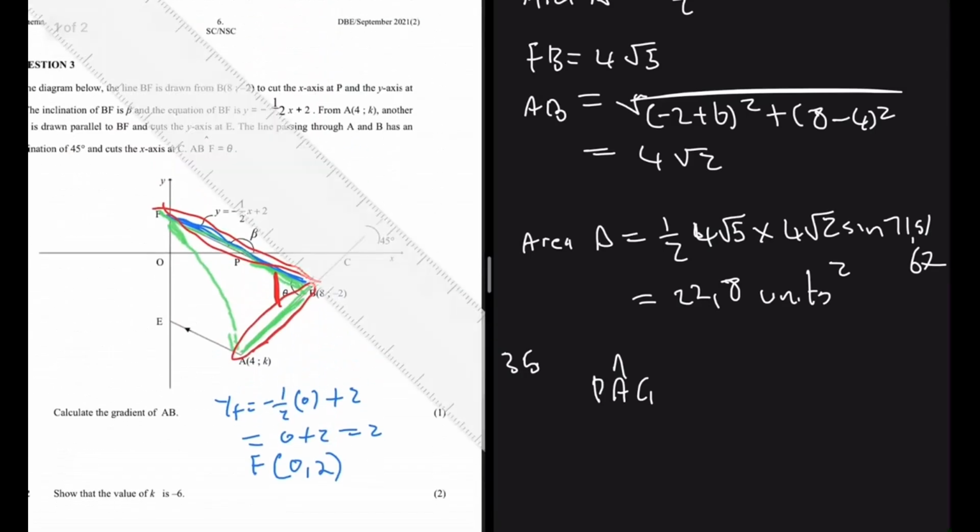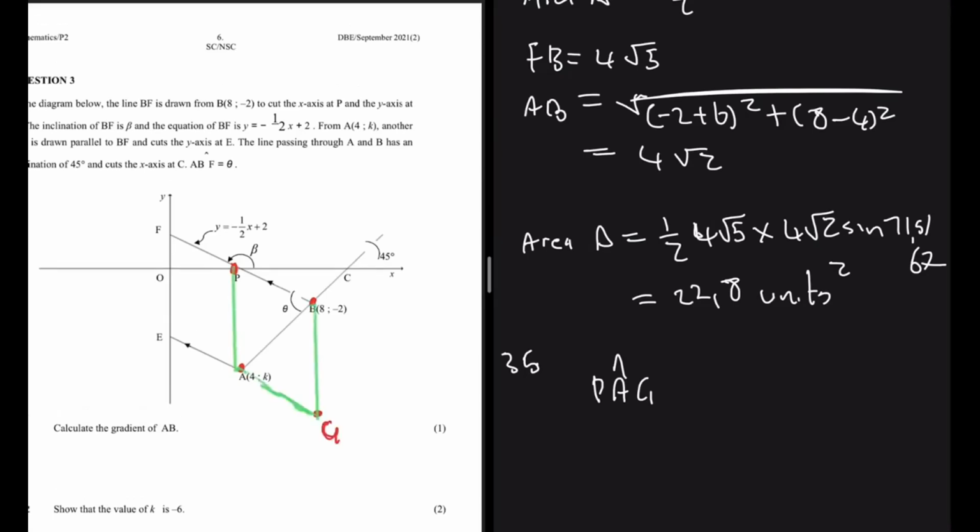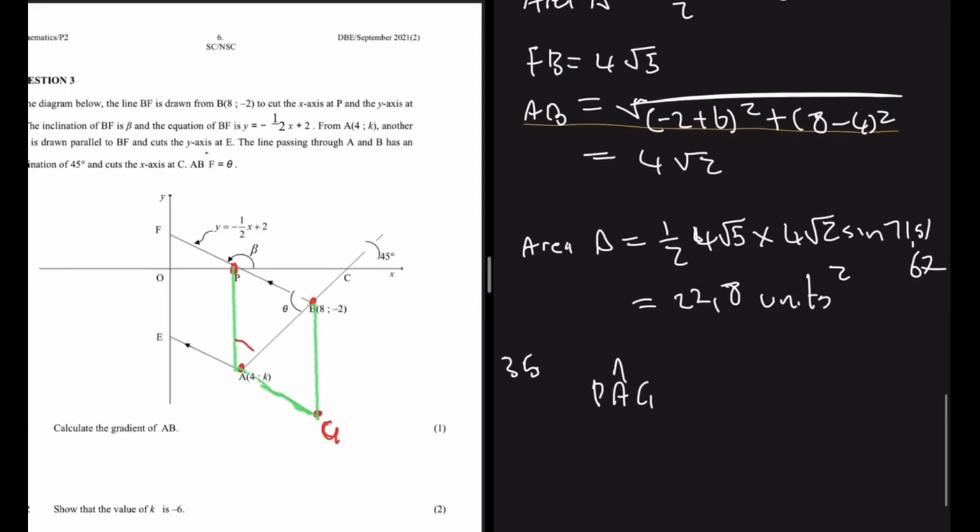So let's go see how we can possibly do that. So we have A, P, B, and we need G such that APBG is a parallelogram, right? If G is somewhere here, then we get our parallelogram. So we are looking for PAG. So PAG is somewhere here, right?